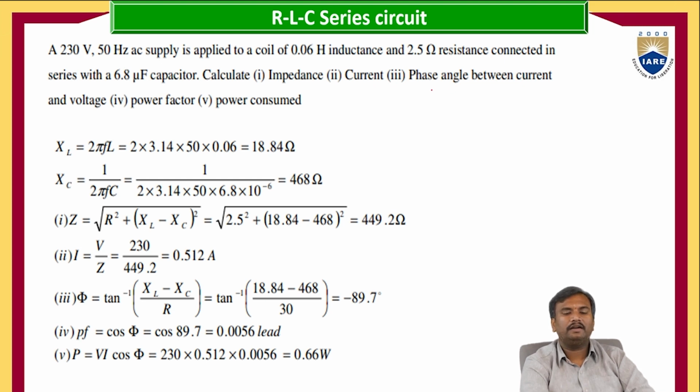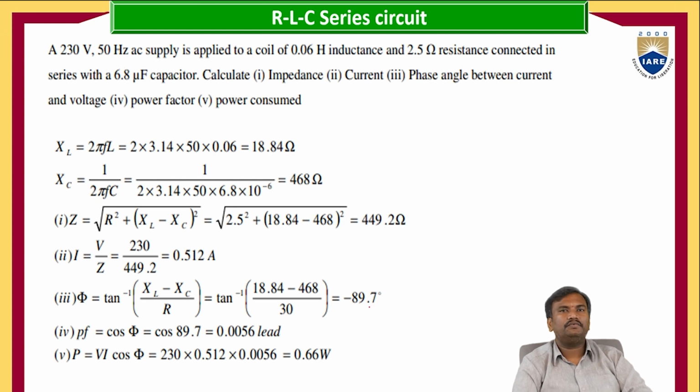Now we need to calculate the phase angle difference between current and voltage. For that, phi is equal to tan inverse of XL minus XC by R, which is equal to tan inverse of 18.84 minus 468 by 2.5, that is equal to minus 89.7 degrees.